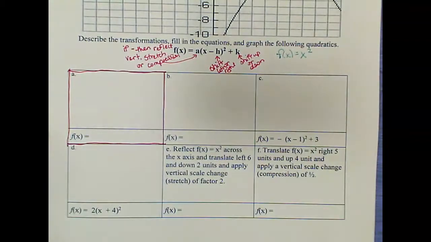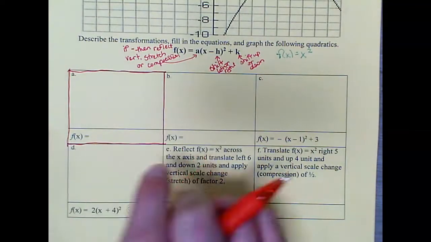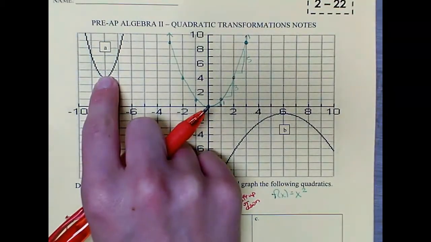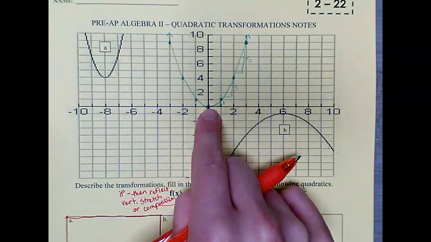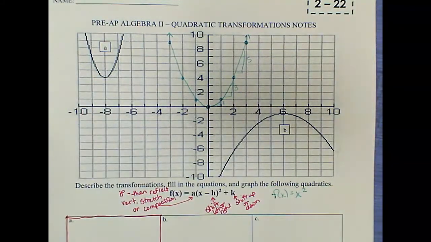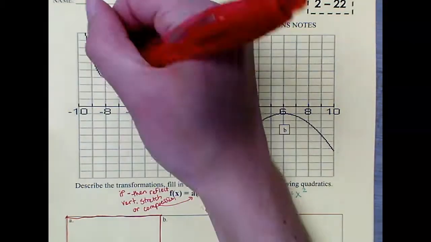Okay? Now they didn't give us any description or an equation, but they did give us a graph. So from this parent function, we need to figure out how this was transformed. So it might be a good idea to write a description first and then try and come up with the equation. So here's my new vertex.